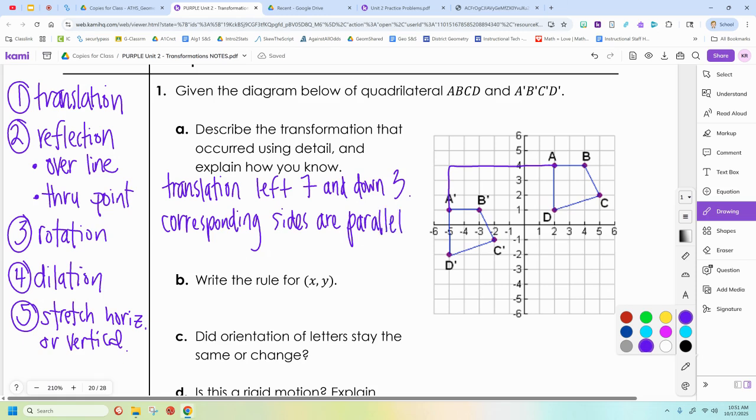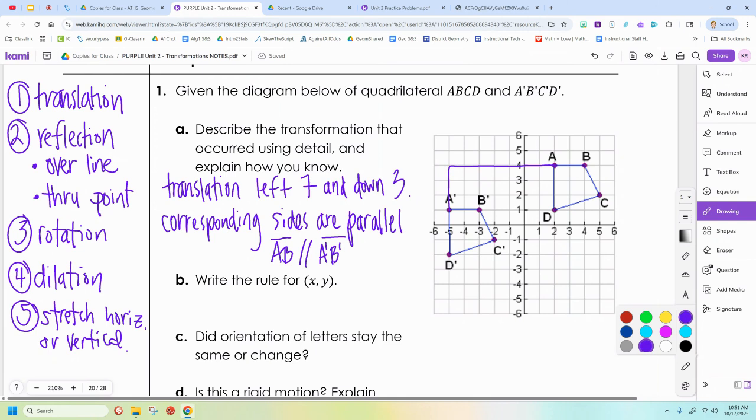And that's a guarantee even when you have weird slopes for your sides. So I know sometimes with a square it's hard to tell, but really AB has the same slope, is parallel to A prime, B prime. Cool.